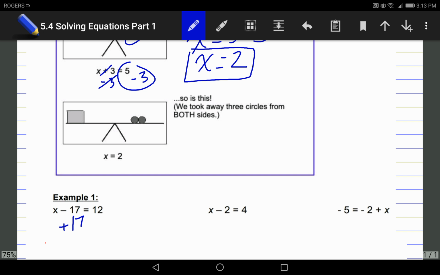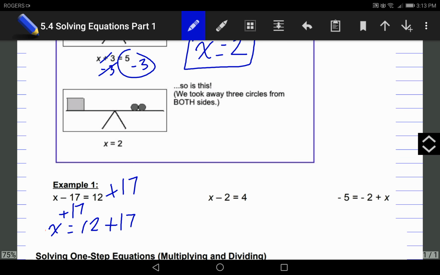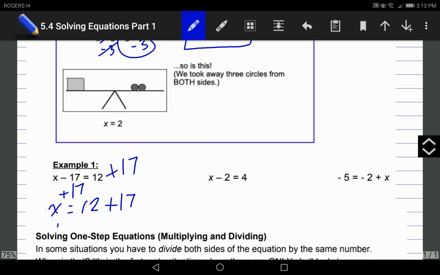And whatever you do to one side, do to the other side. So you end up getting x equals 12 plus 17. X equals 29.